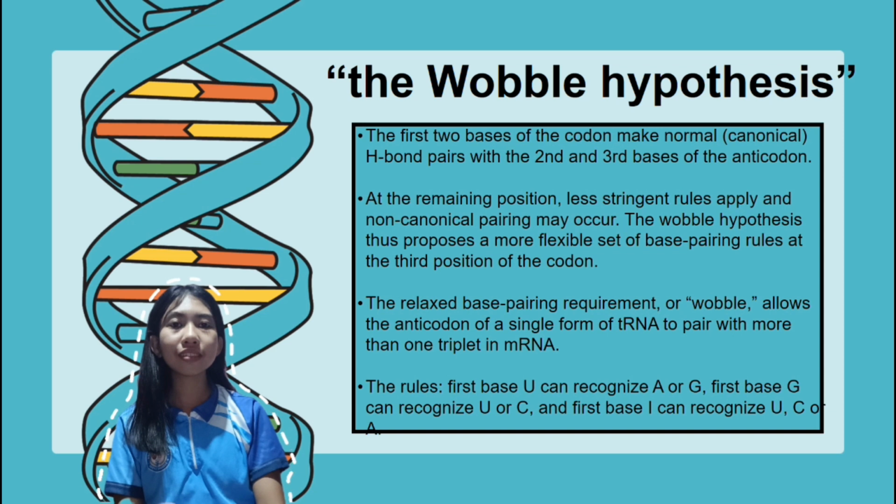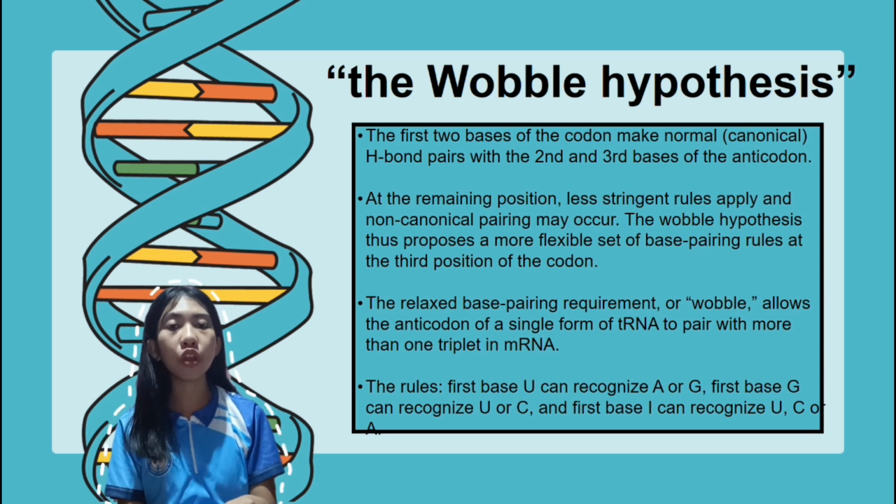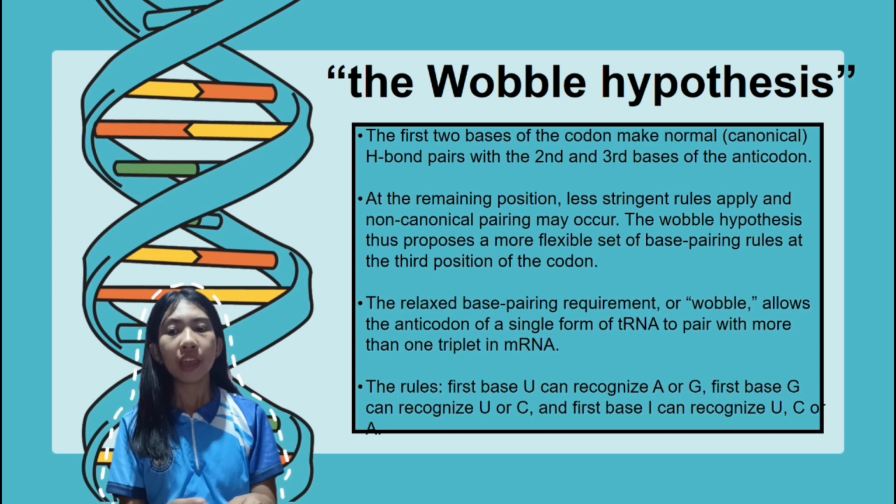So why is the wobble hypothesis important to the genetic code? It is because wobble pairs are fundamental in RNA secondary structure and are critical for the proper translation of the genetic code. In addition, the existence of wobble minimizes the misreading of a codon.